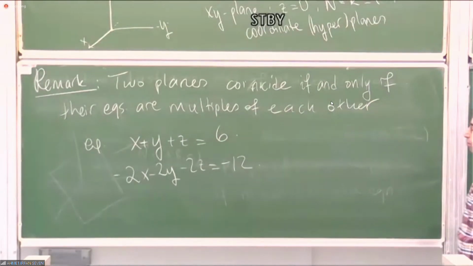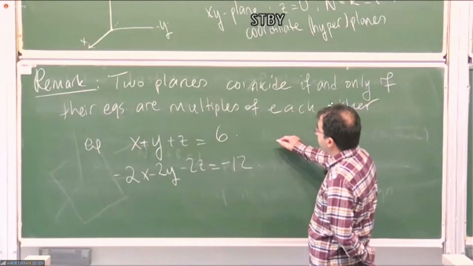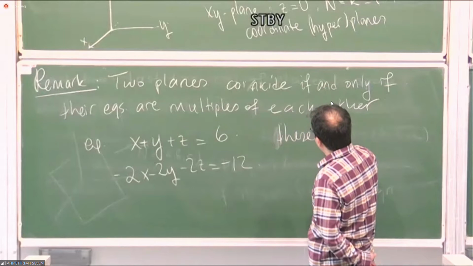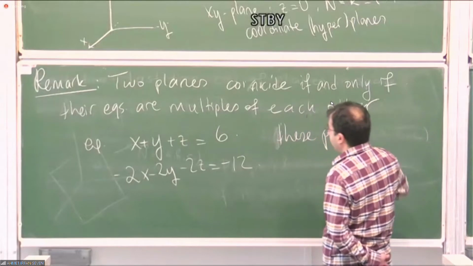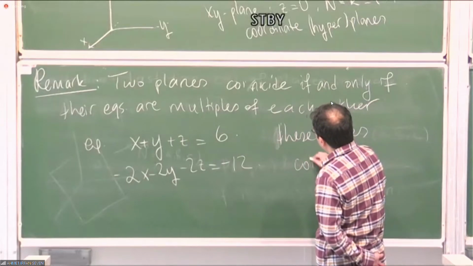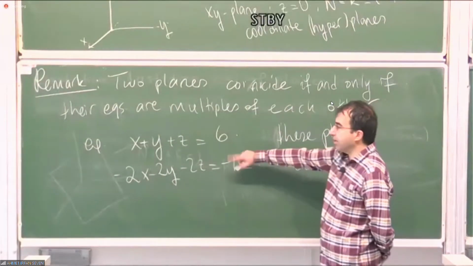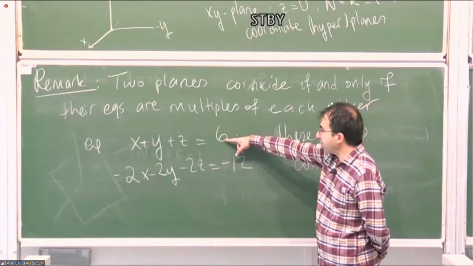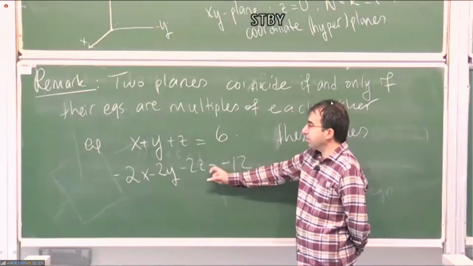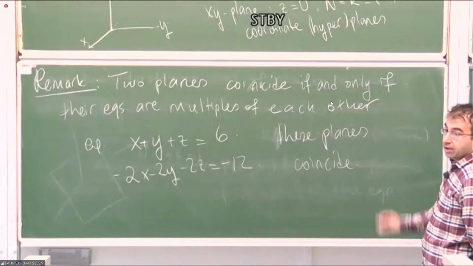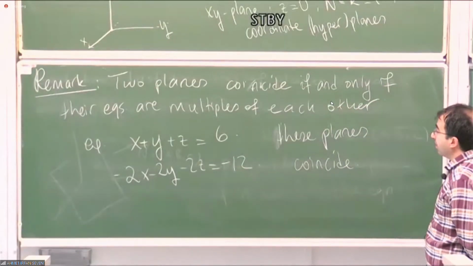These two planes coincide, because they are multiples of each other, right? If you multiply this one by minus 2, you get this one. All right. So this is how we understand if two planes are the same.